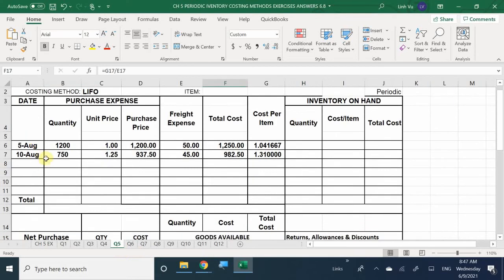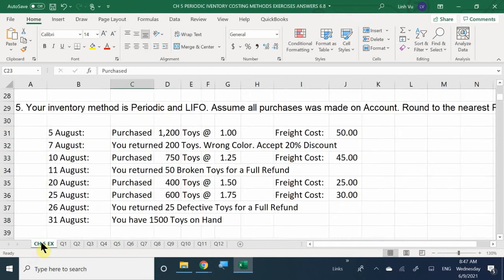All right. So here, on August 20th, we purchased 400 units at $1.50, which gave us a total of $600, plus my freight of, I think it was 25. Let's double check. August 20th, $25.